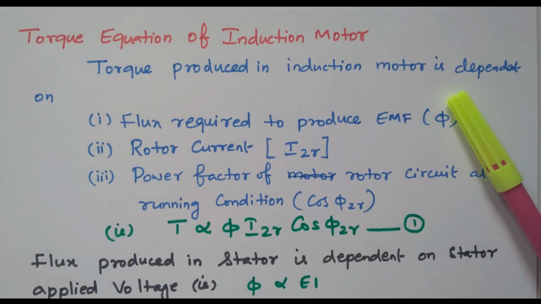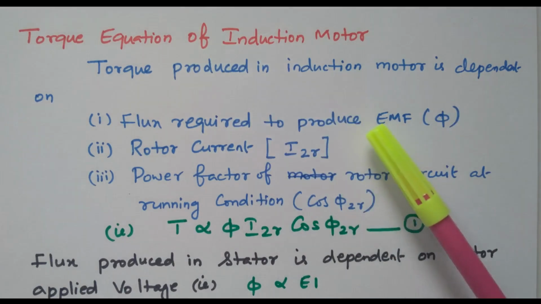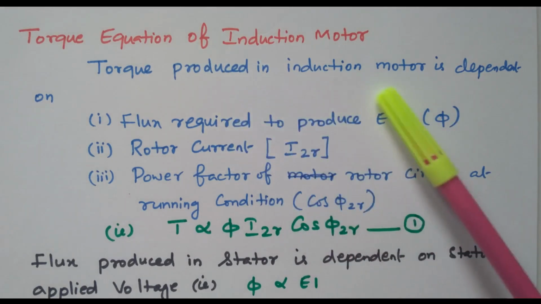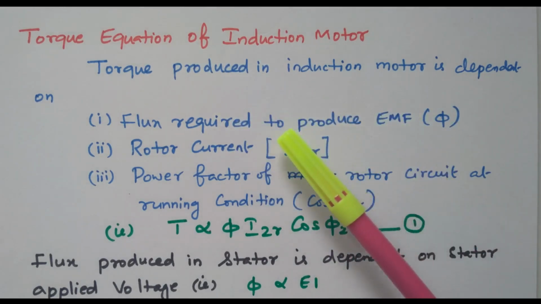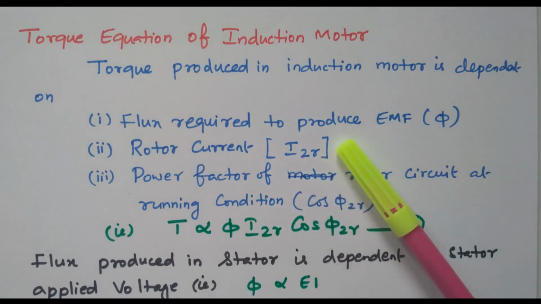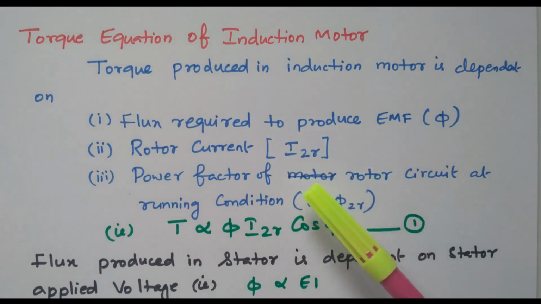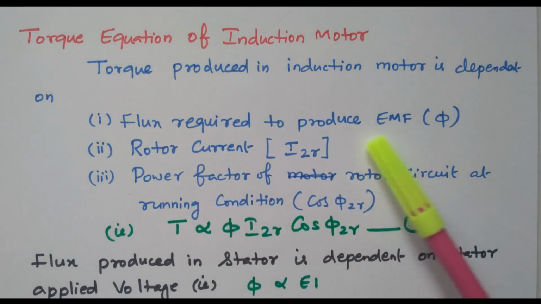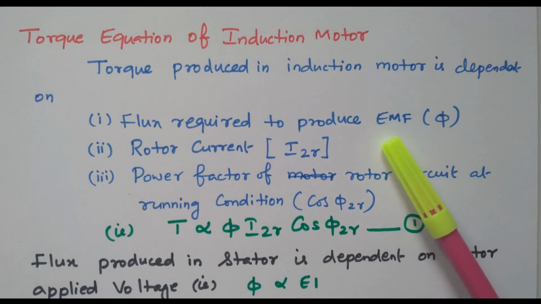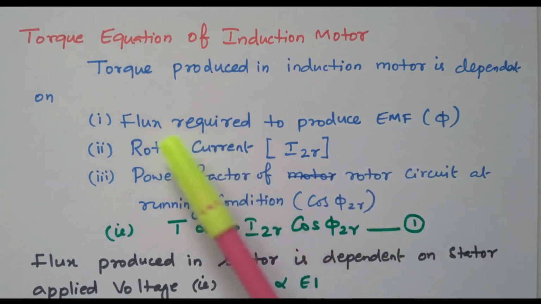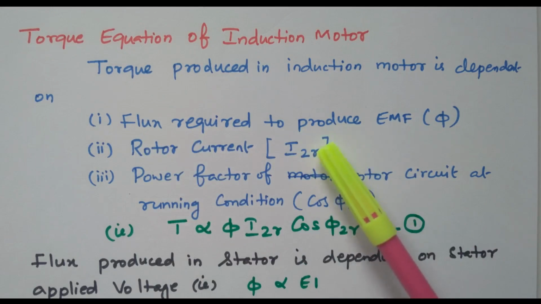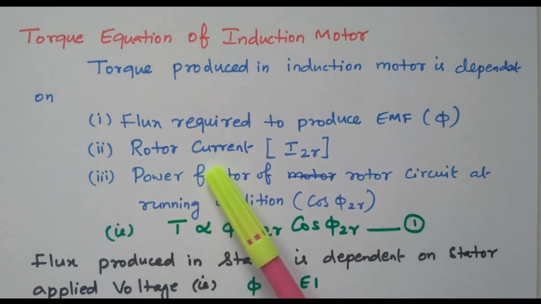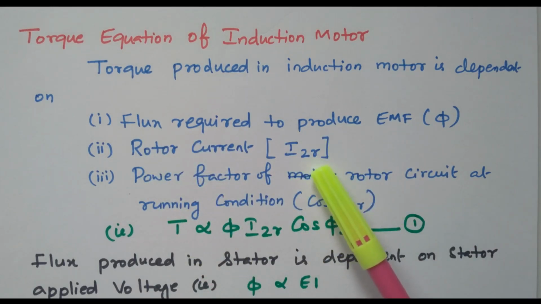Now we will go to the topic, torque equation of induction motor. The torque produced in an induction motor depends upon the following three parameters, so the torque equation is also based on these three parameters. We need to analyze these three parameters. First one, the flux required to produce the EMF, the electromagnetic force. So the first one is the flux. Next one, the rotor current, called I2R, where I2R refers to the rotor current.